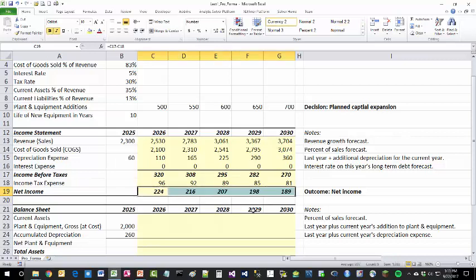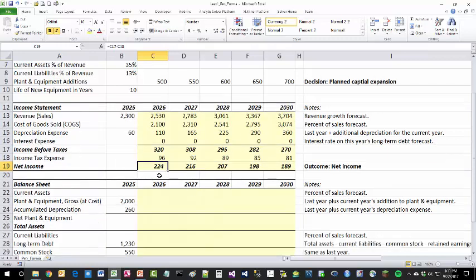Noticing that it's declining due to the increase in plant and equipment or the capital expansion, which then increases the depreciation expense and reduces the net income.